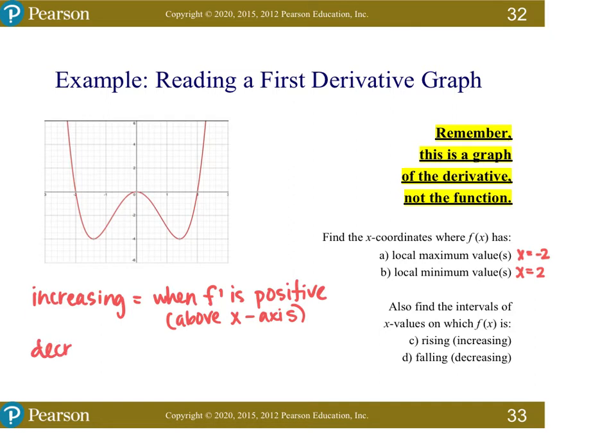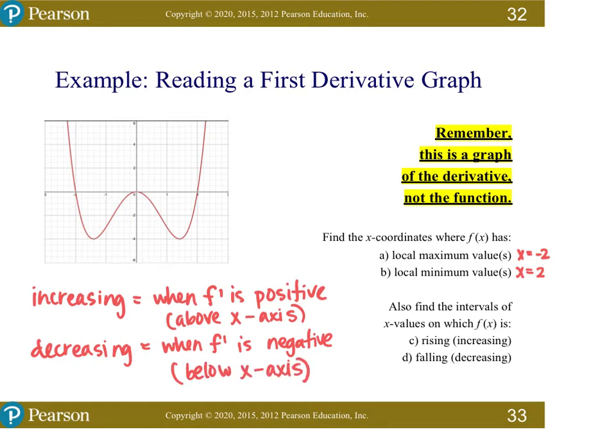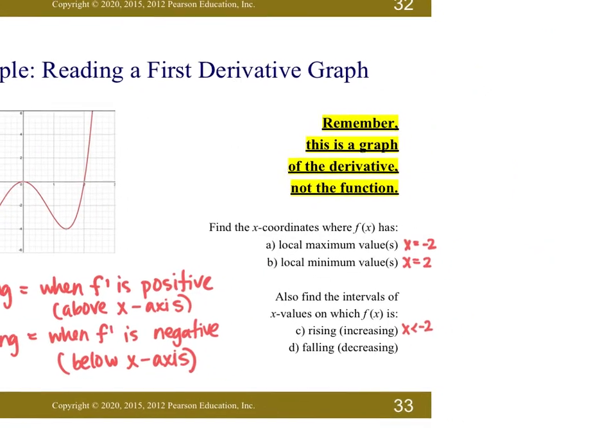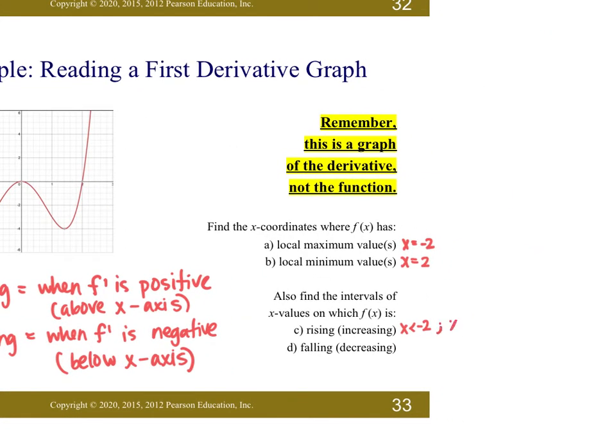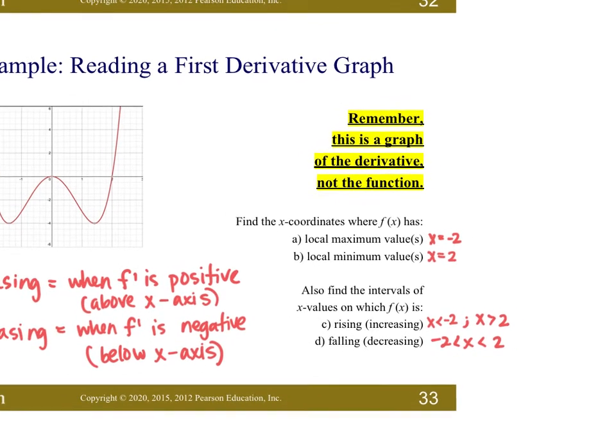Decreasing, the definition is when f prime is negative, so what you're looking at would be below the x-axis. So we can say that this function is increasing every time x is less than negative 2 and every time x is greater than positive 2, and it is decreasing between negative 2 and positive 2.